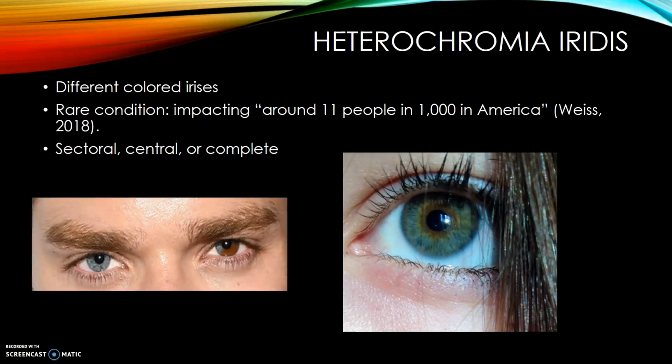And the photo on the right is of central heterochromia, which can be seen by the ring around the pupil. There's a brownish gold ring around the pupil, while the rest of the eye is a bluish green color. So the bluish green color is the true color of the eye. The heterochromia is just showing the ring around the iris of a different color.